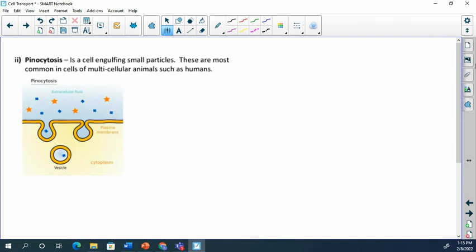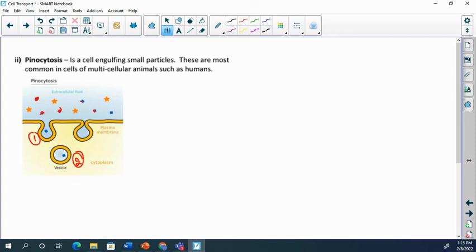They are most common in cells of multicellular animals such as humans. So these are the particles that need to go in, and the cell is going to engulf the particle. This is step one, and then the particle is engulfed by the cell membrane, and then it forms into vesicles.